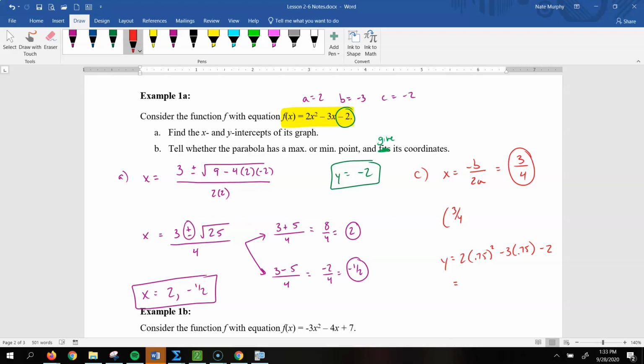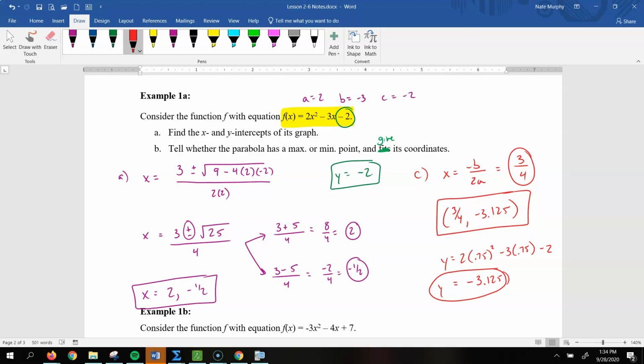When you do all that work, your calculator will give you negative 3.125. So that would be the y value. So this is going to be a coordinate where x would be 3/4, y would be negative 3.125. Or you could say x is 0.75, y is negative 3.125. But you have to write this as a coordinate because the vertex is always going to be a coordinate.